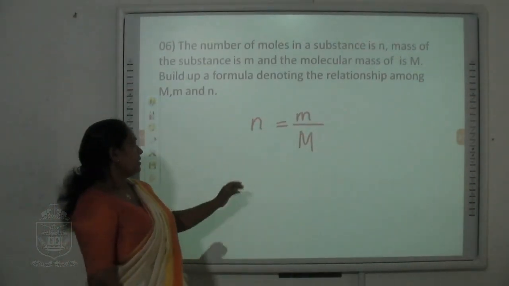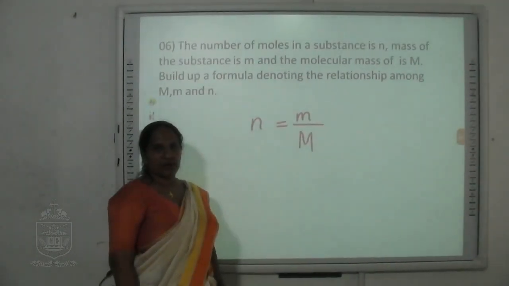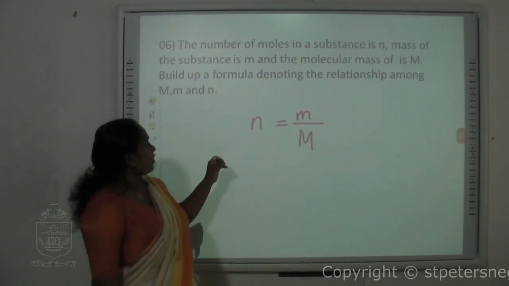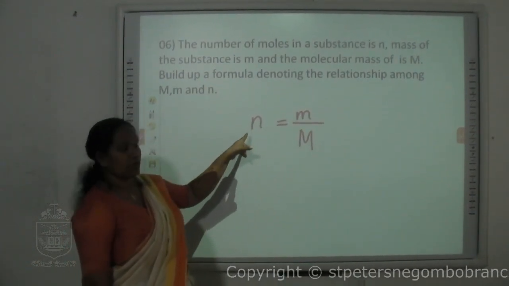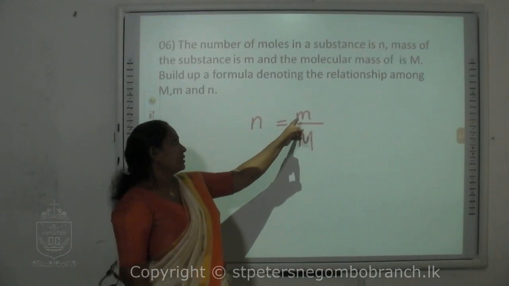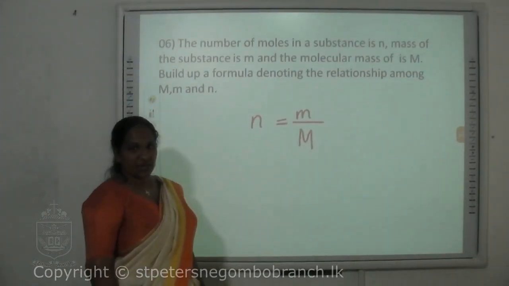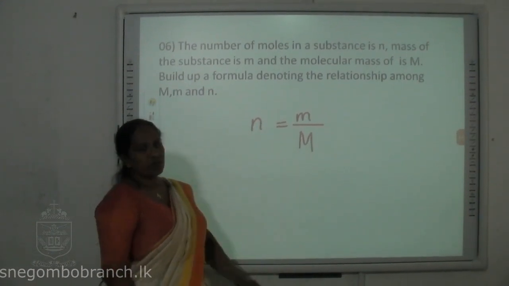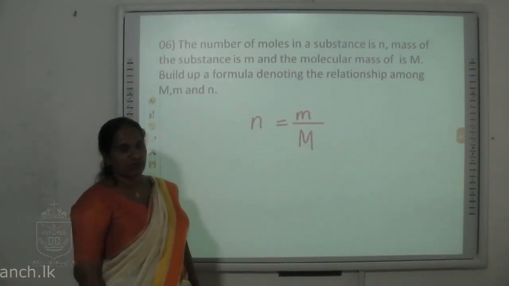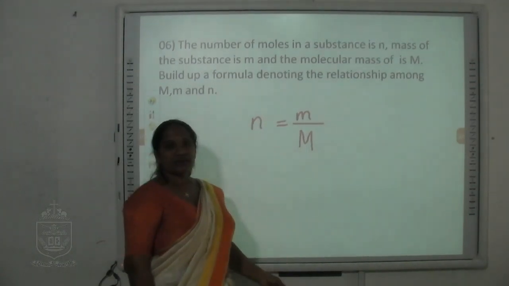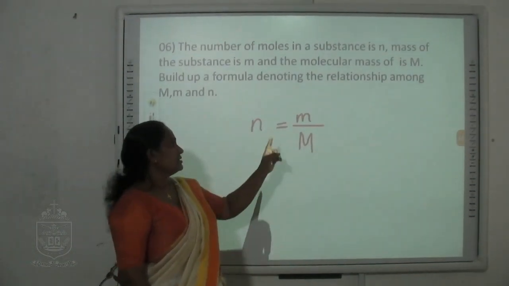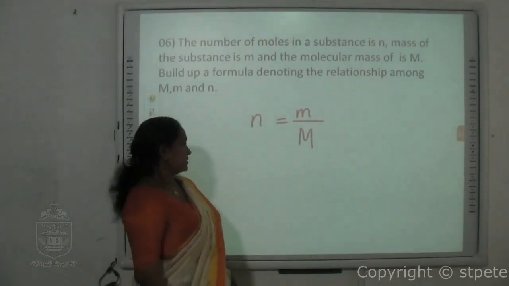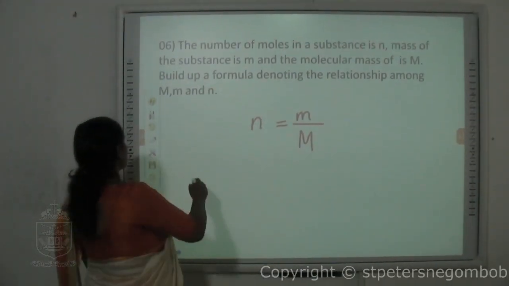This is the equation. From this equation we can find the number of moles in an atom or molecule. n equals simple m divided by capital M. Now we'll go to the next question.